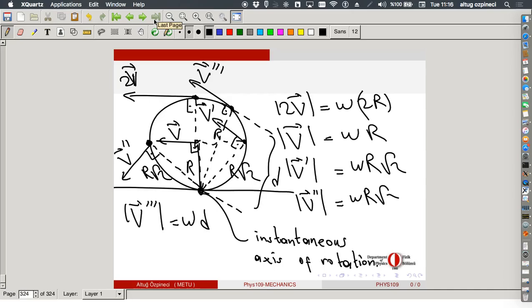We said that there is the central axis, which is moving at constant velocity, and it is rotating with zero angular acceleration. That is one picture of this process. Now we discovered another description of the same thing. As it is rolling without slipping, at every instant we can say that it is rotating around the point of contact. That point of contact is not moving.